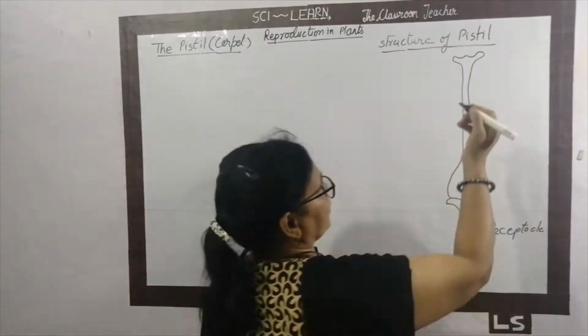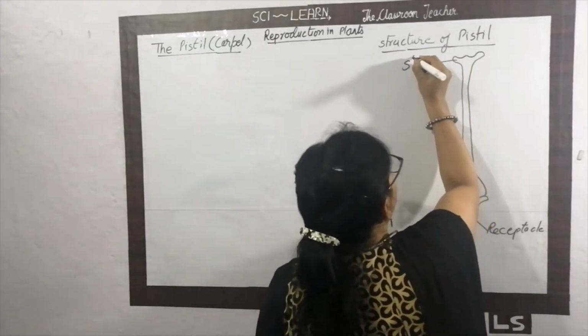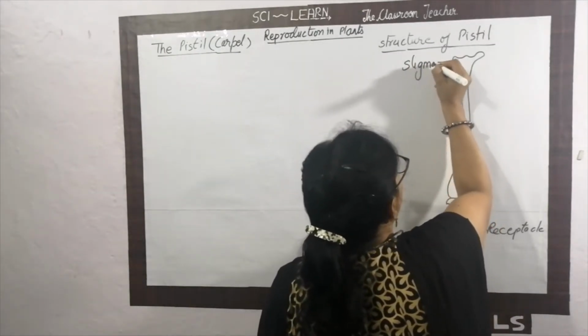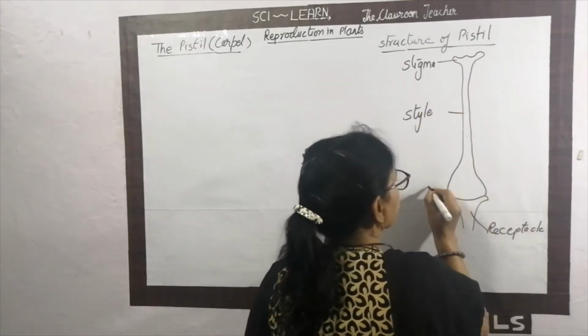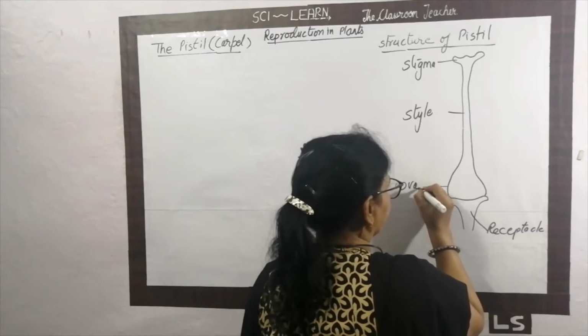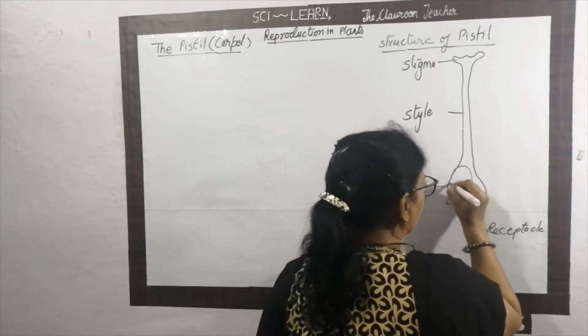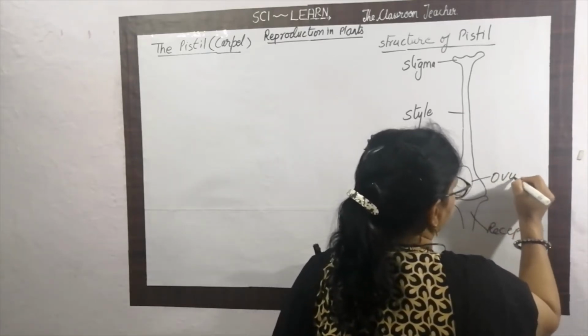Over it, this is called the stigma. This is called the style, and this is called the ovary. Inside this ovary, the ovule is present.